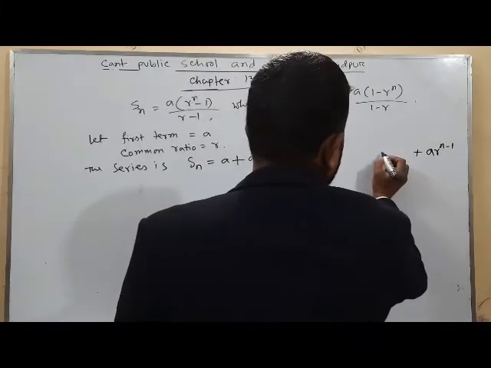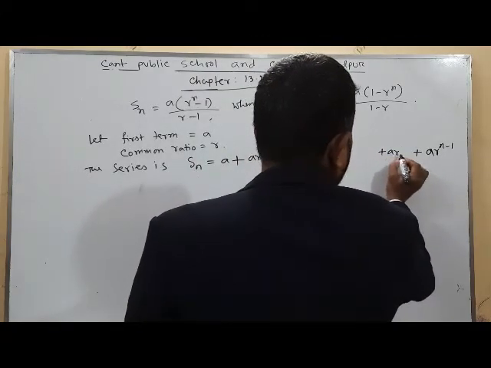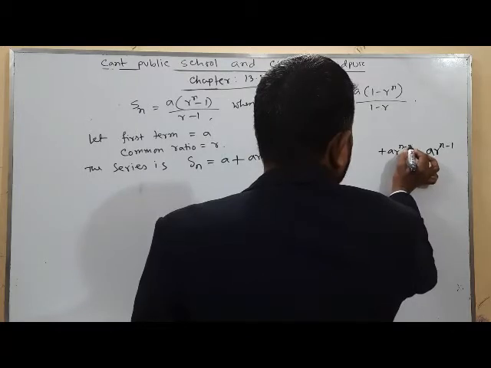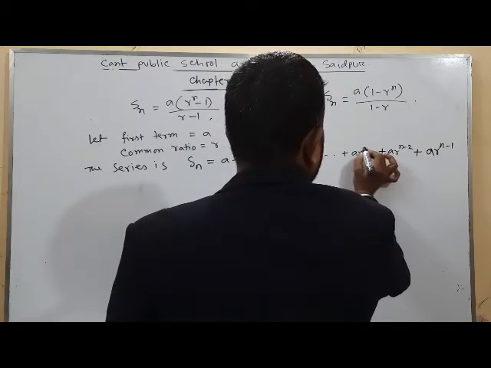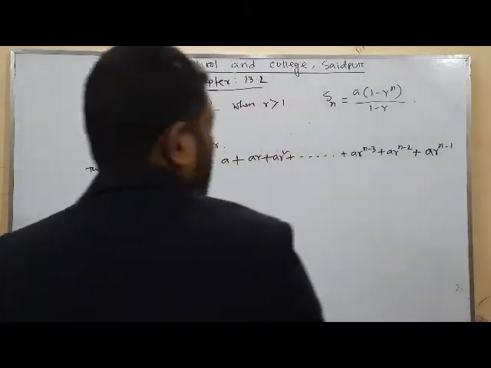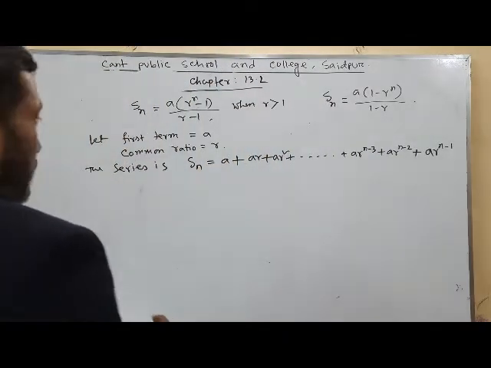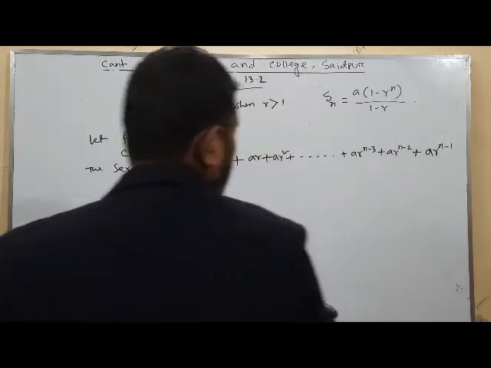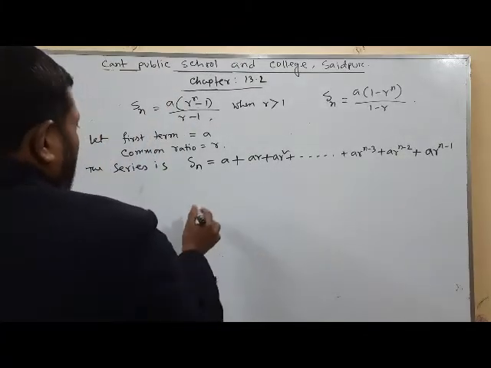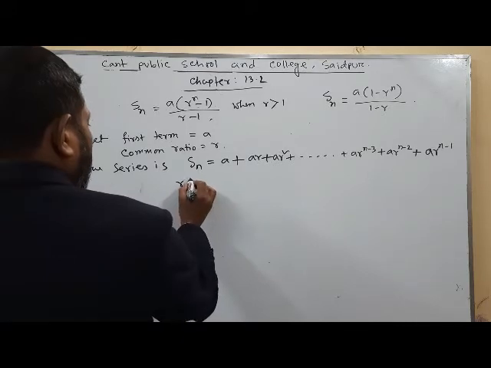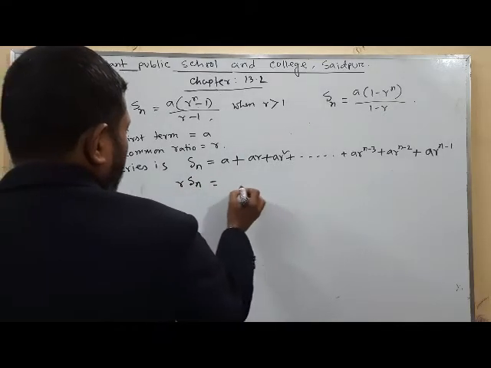The previous one is ar to the power n minus 2, similarly ar to the power n minus 3. This is equation 1. By multiplying by r we get r Sn.